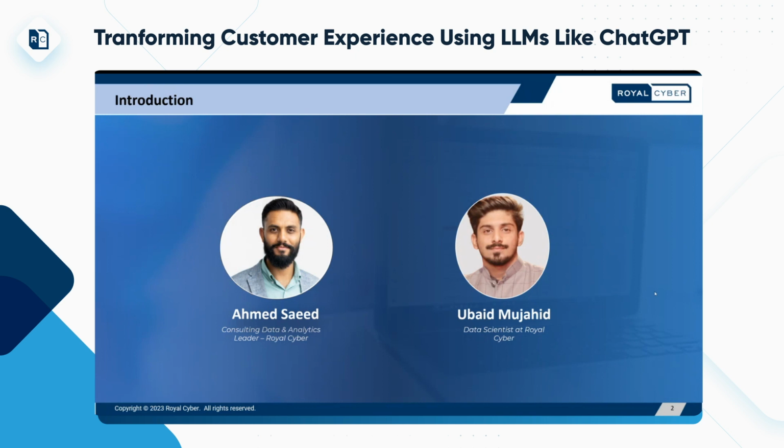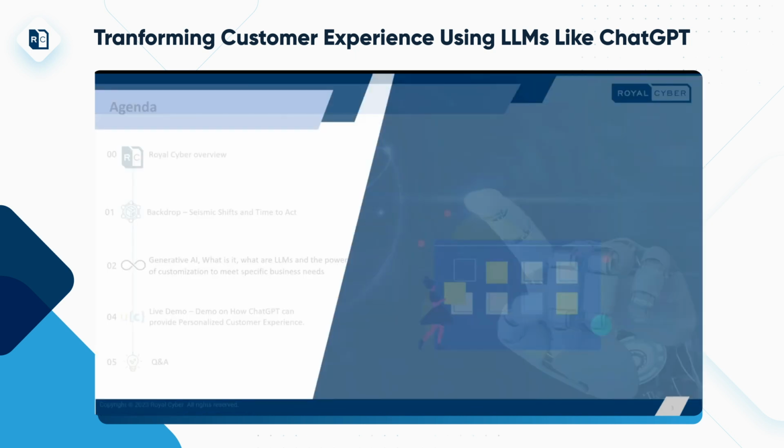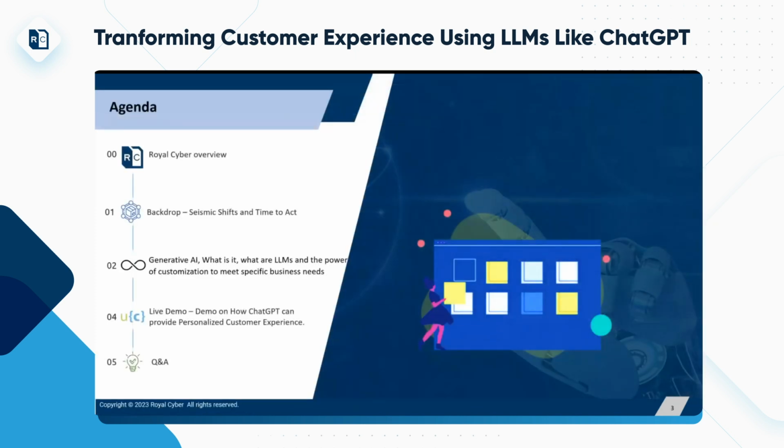With that out of the way, let's dive into our content for today. We have designed a lean but hopefully informative agenda. I'll begin with a brief introduction to Royal Cyber, followed by setting the stage for the importance of large language models for businesses and why they're not merely a choice or a nice to have feature, but a strategic asset for any company.